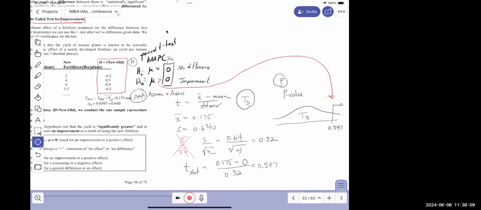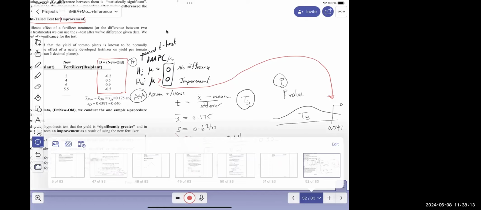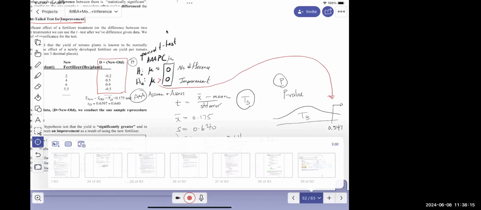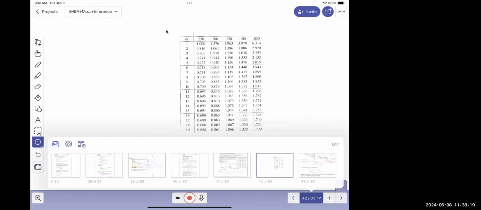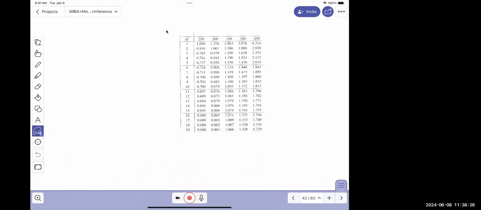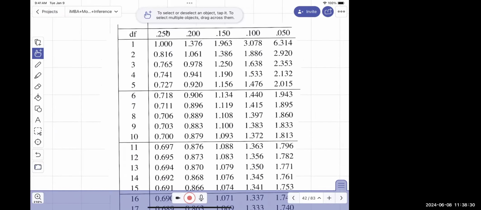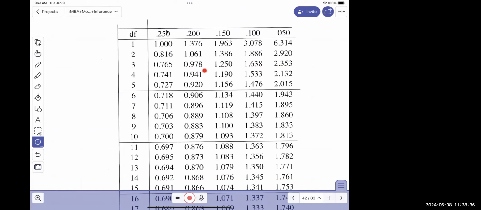Let me pull up the table. Maybe I can get the table from over here. Okay, this is good enough. Let's make this bigger. So T3, what do I see on this table?